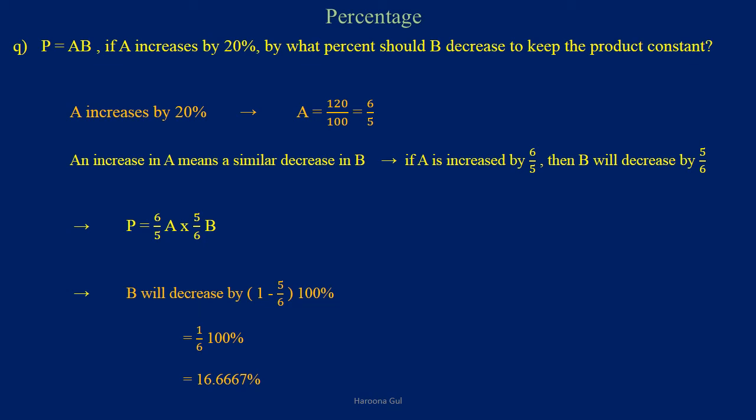But over here it is asking for a percentage decrease in B, so we're going to write it down as 1 minus 5 over 6 into 100%. So 1 minus 5 over 6 gives us 1 over 6, and our percentage decrease in B is going to be 16.6667%. So when there is an increase of 20% in A, there is going to be a 16.6667% decrease in B. You got it?